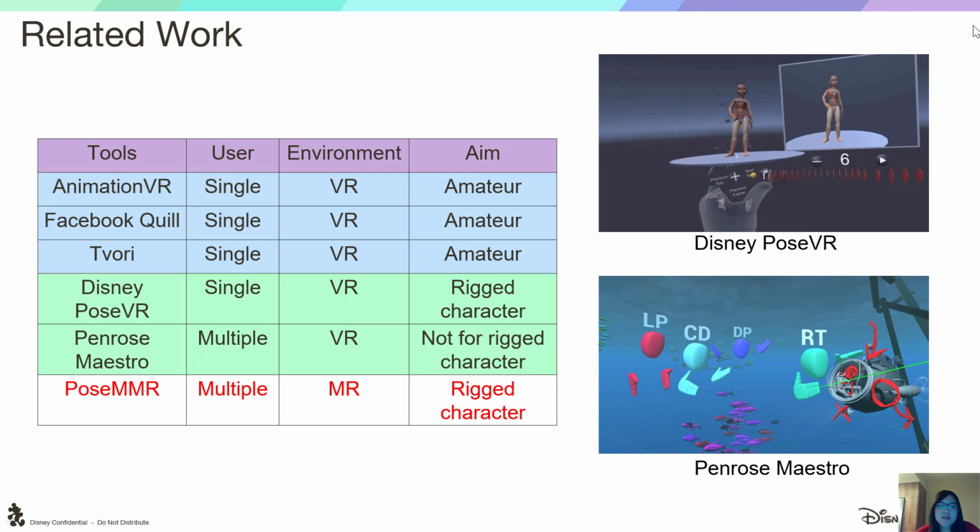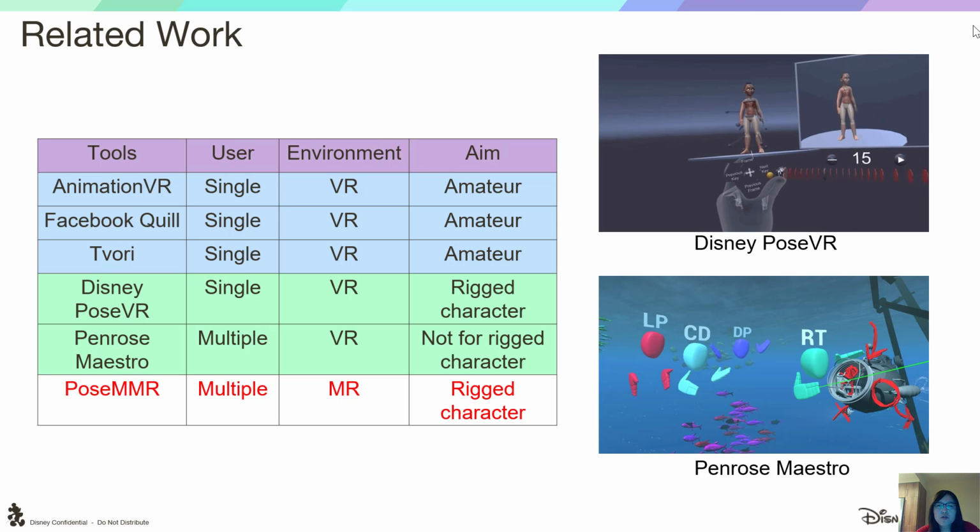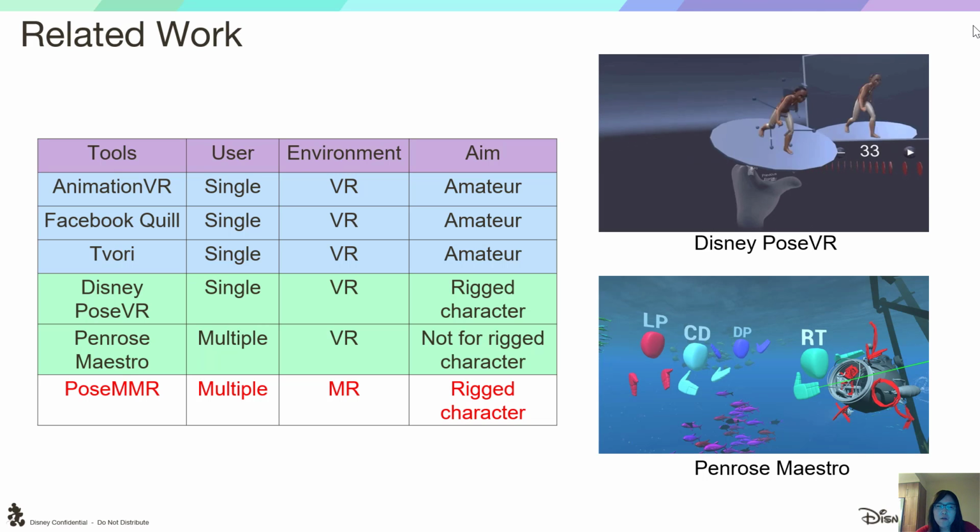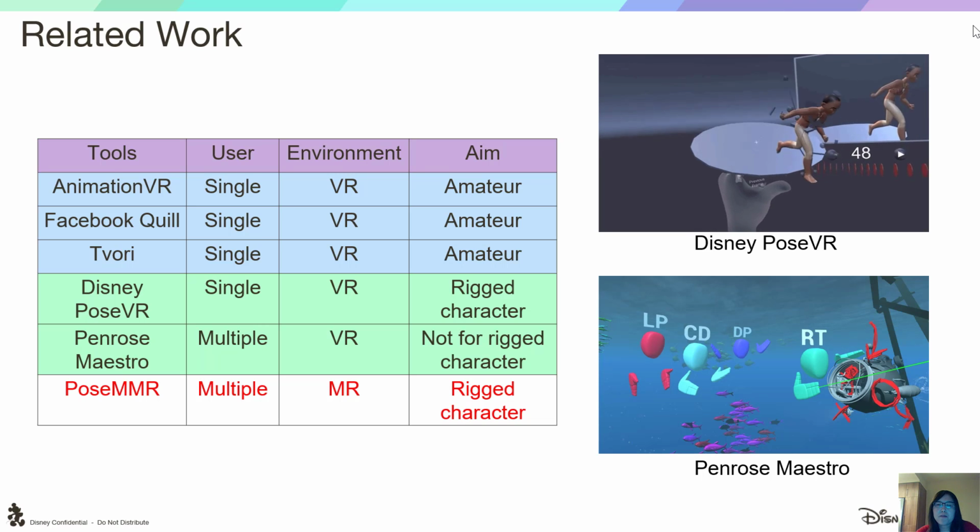Different from all these systems, our system will support multiple users. And instead of a virtual environment, we use a mixed reality environment. The highlight of mixed reality is that if multiple people are in one room, they can see each other and discuss more naturally compared to a virtual environment, which completely blocks them out. We also particularly focus on rigged characters.